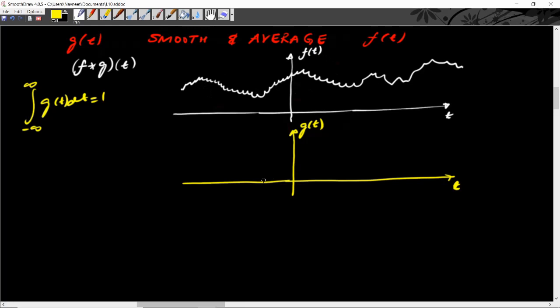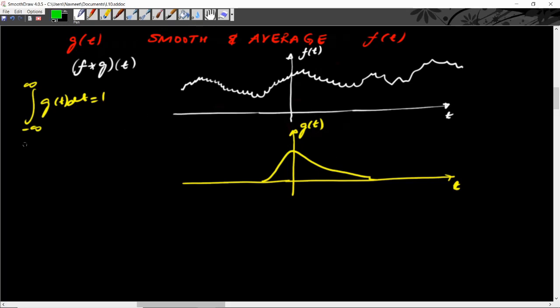Let's consider a general function which is not symmetric. So this is my function g of t, and we want to perform convolution of the function f of t with this function g of t.